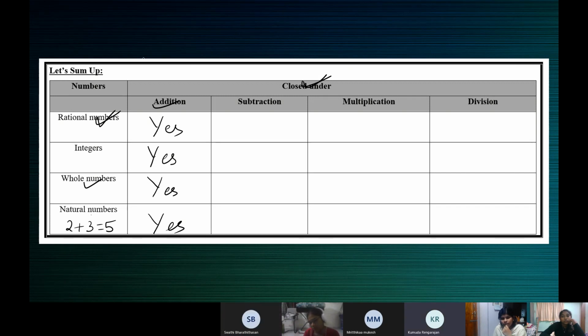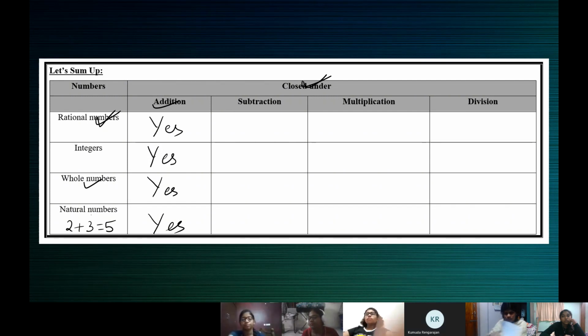Now think carefully. When you find the difference of two rational numbers, is the result also a rational number? Yes, ma'am, it is, because the answer can be negative also.